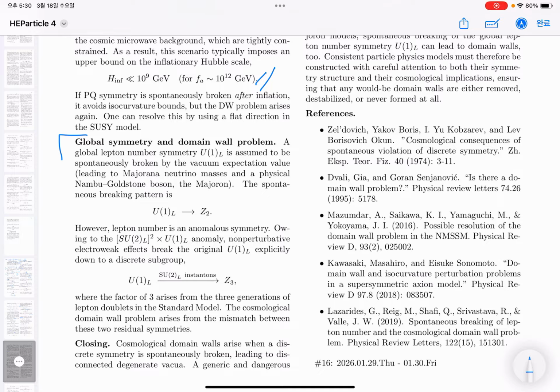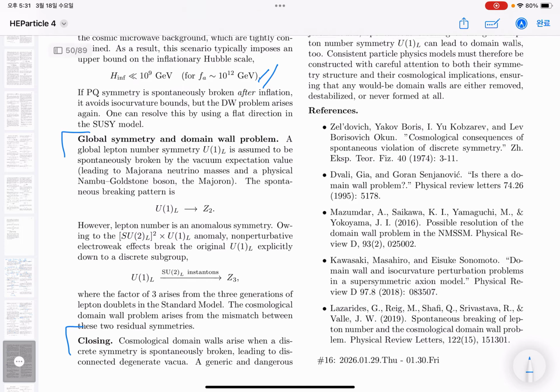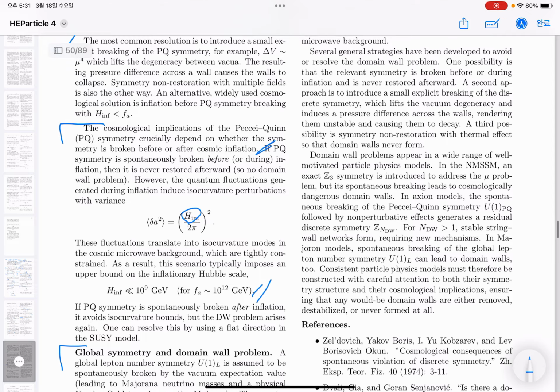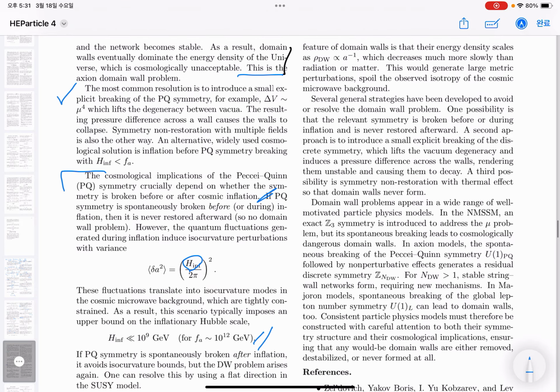So today we talked about the cosmological domain wall problem, which arises when a discrete symmetry is spontaneously broken with degenerate vacua. A stable domain wall generates a cosmological issue by interrupting the standard cosmological history.